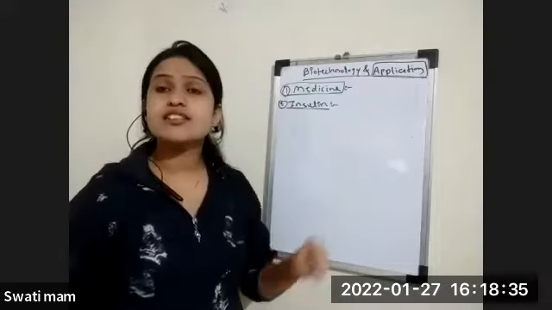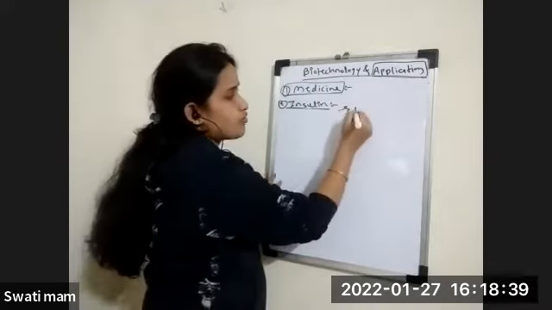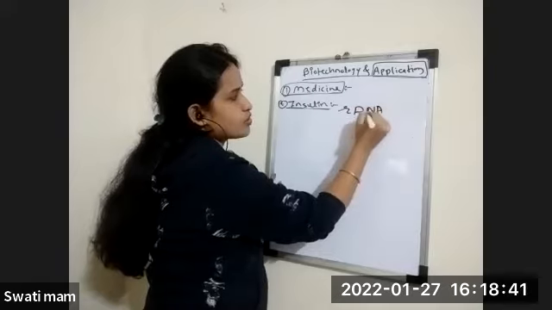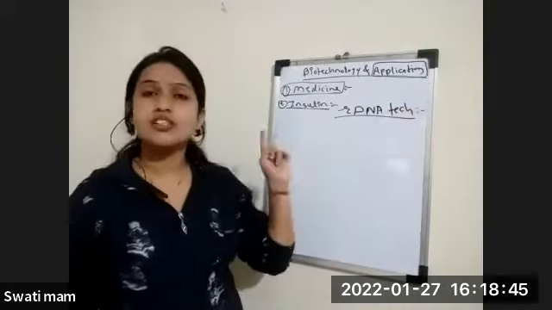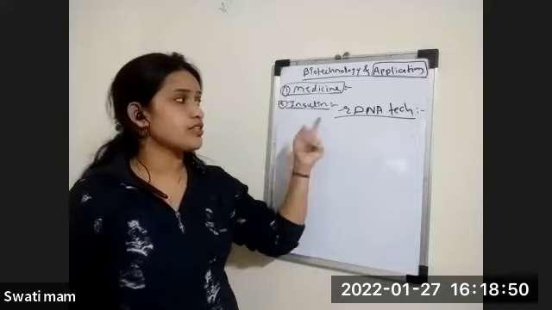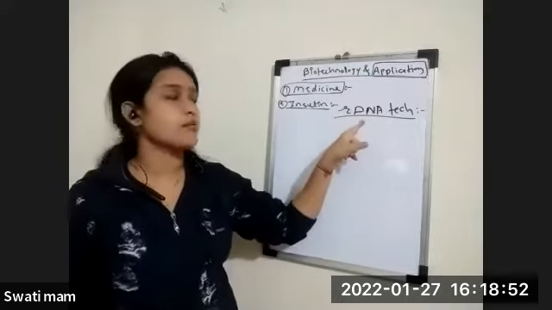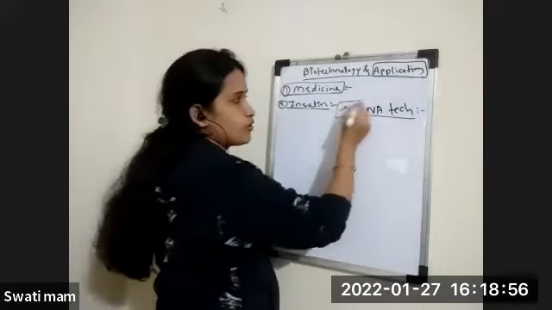Now, how is this insulin formed artificially by the use of rDNA technology? How does the production of insulin take place within the laboratory by using rDNA technology? That is important and that we are going to study now.